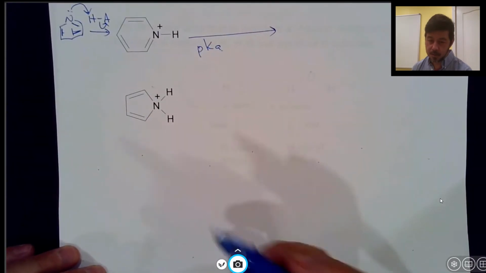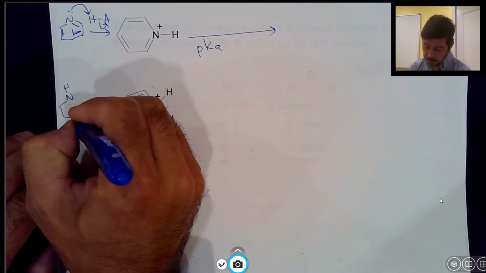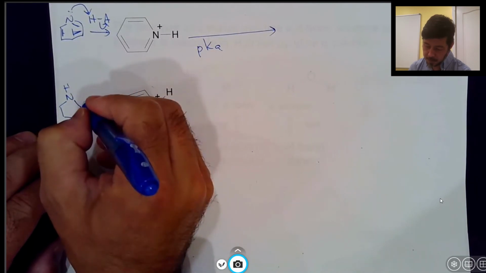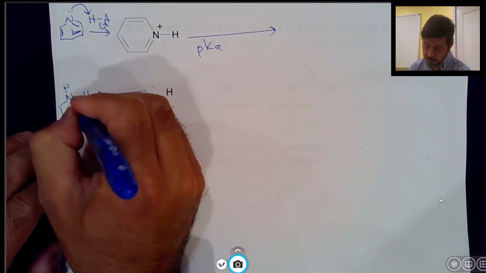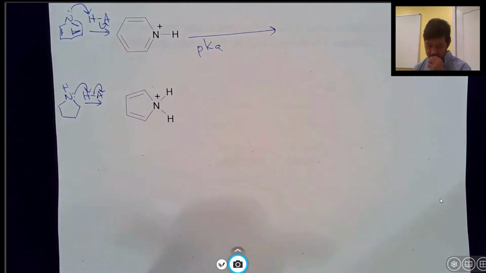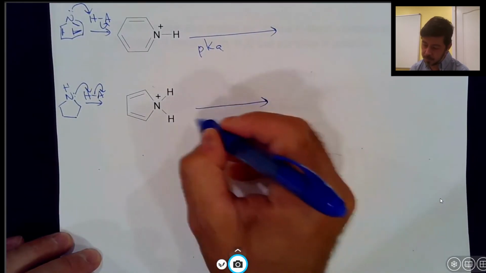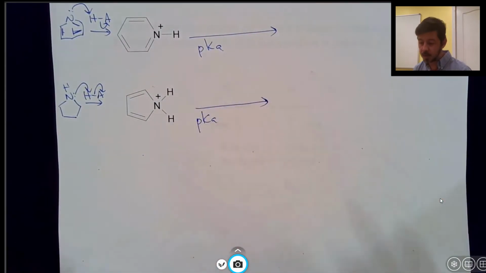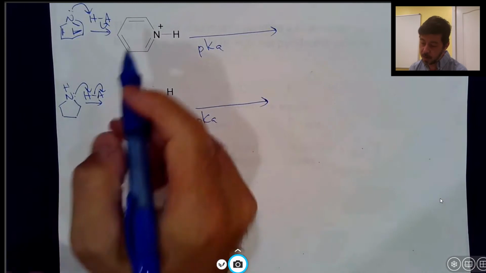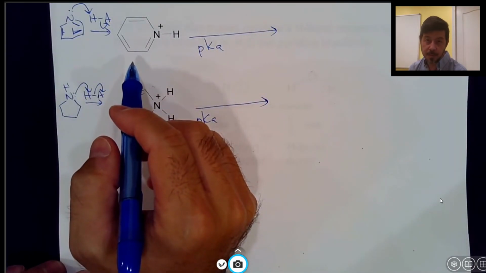And similarly, if pyrrole does the same thing, and picks up a proton, what is the pKa? Well, you might say, well, they look kind of similar. They probably have similar pKa's. Now, a question I'm going to ask you is, of these conjugate acids that I've drawn, which one is aromatic?